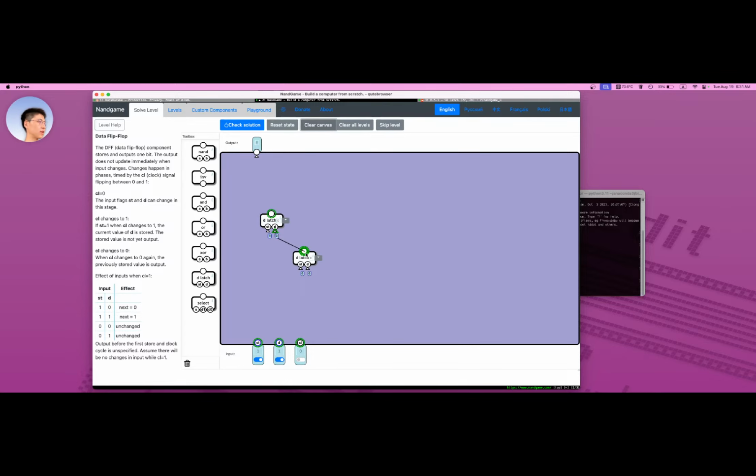D comes from here. But the problem is that ST comes from where? Is it here? Here? Look. When clock is 0, you can change it. When clock is 1, D is stored.